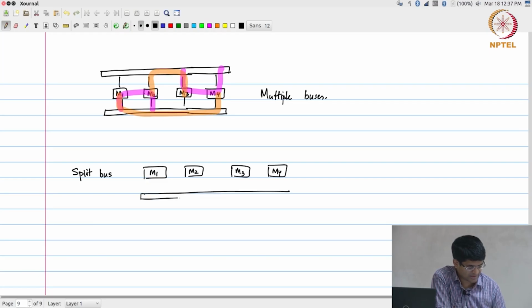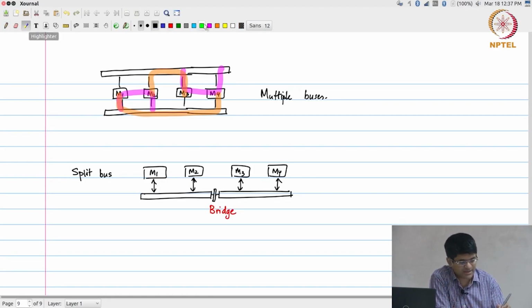I have a bus, but now what I am going to do is break this and have some kind of a bridging module that goes between them. What does this bridge do? Effectively what it accomplishes is that I can now communicate between M1 and M2 and M3 and M4 at the same time.